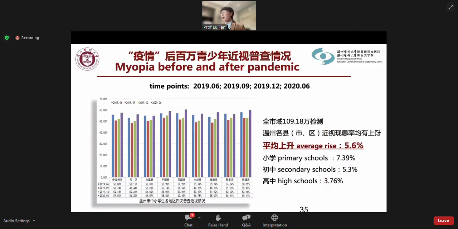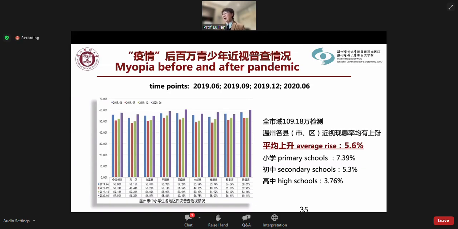And this is a very valuable study in early 2020. It was not a designed study, but we call it a quasi-social experiment because a sudden pandemic pushed all the students into online learning. It was such a coincidence that we did a myopia screening before and after those 3 months of online learning.